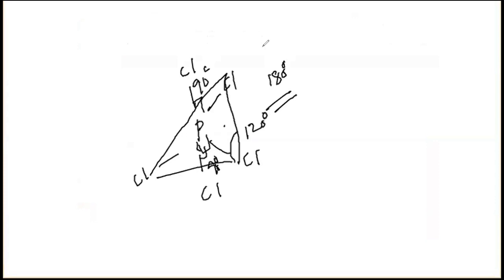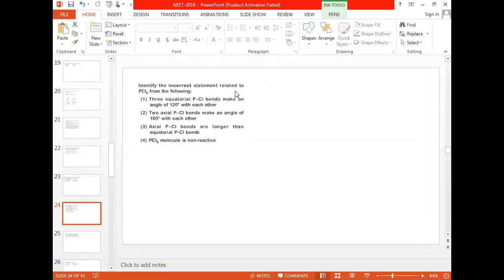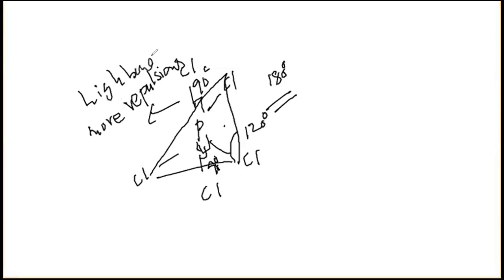In the third statement, axial PCl bonds are longer than equatorial PCl bonds. The axial bonds are going to cause more repulsions, and that is the reason we can expect higher bond lengths here.